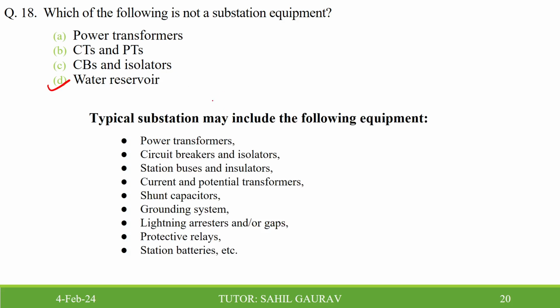A typical substation includes the following equipment: power transformers, used to vary the voltage level; circuit breakers and isolators; station buses and insulators; current and potential transformers. So this one is CT and PT, that means current transformers and potential transformers.